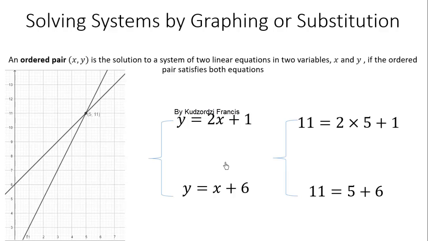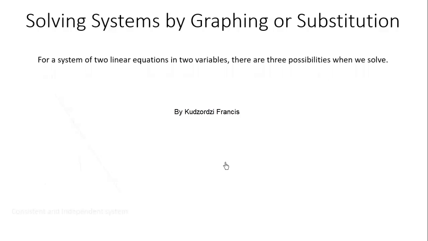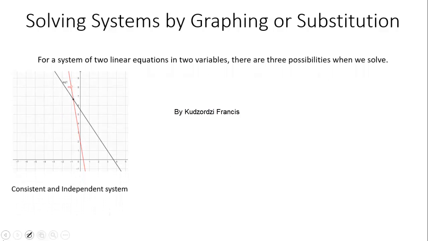Now, other cases also arise. This is just the case we just talked about, a system that is consistent and independent, meaning that the point of intersection of the lines involved is one.